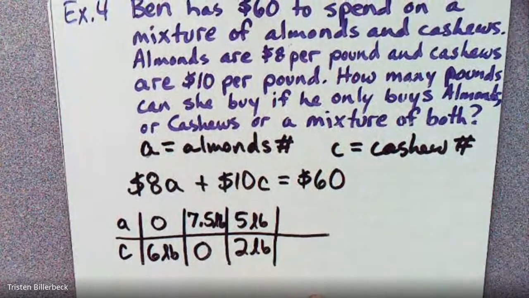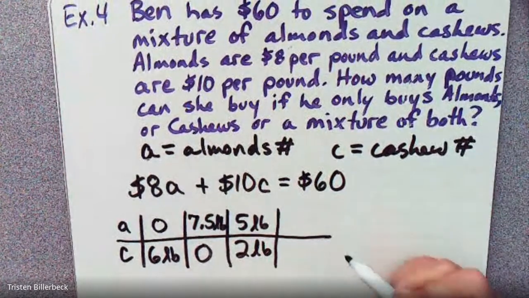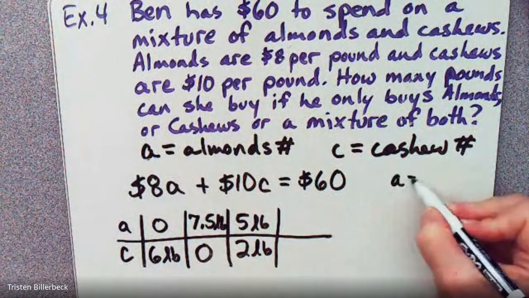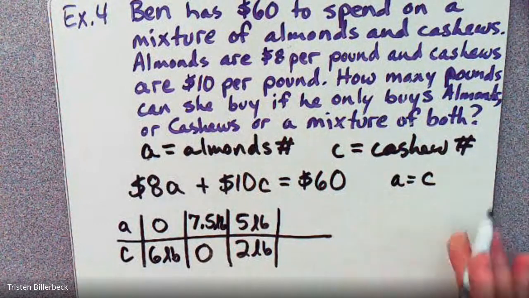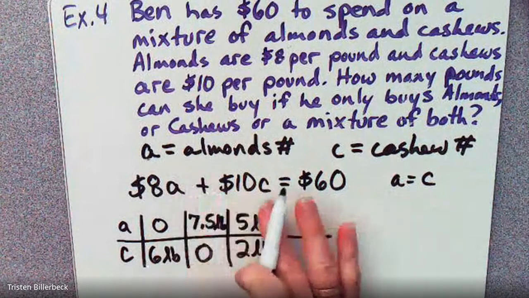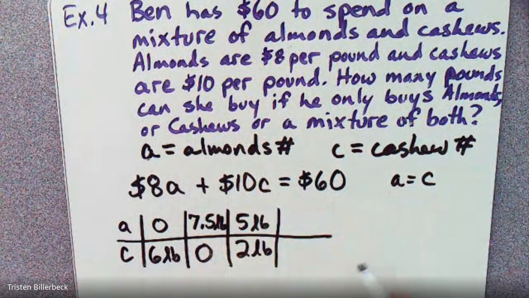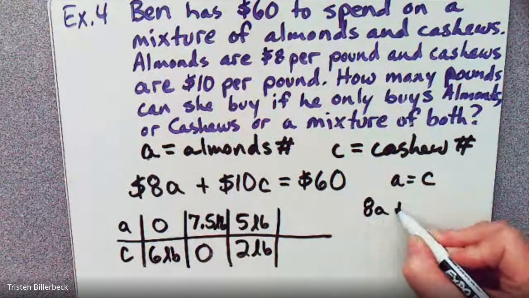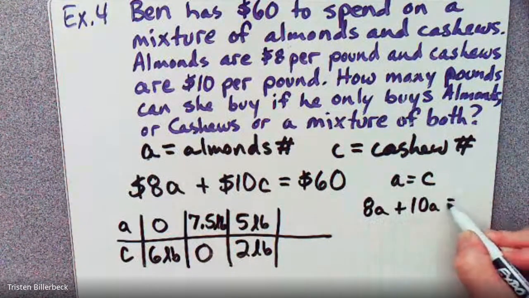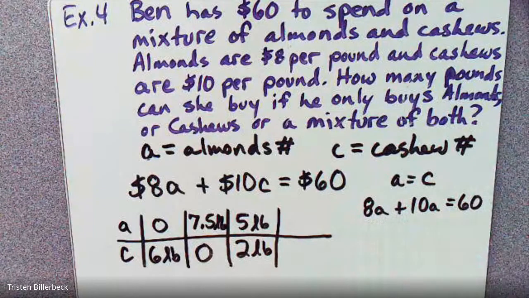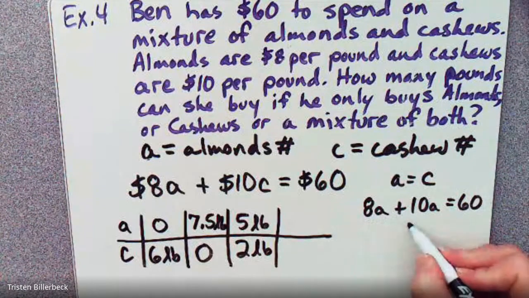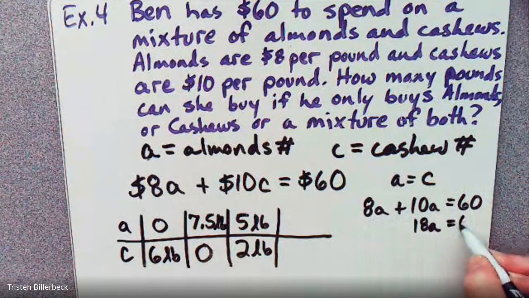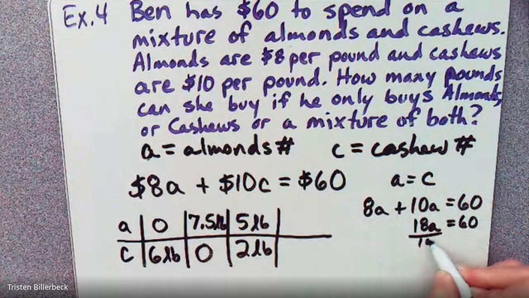If we wanted an even mixture, where A equals C, we can substitute. That means 8A plus 10A equals 60, so 18A equals 60. Divide by 18.